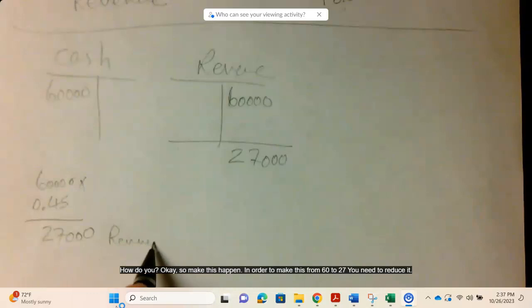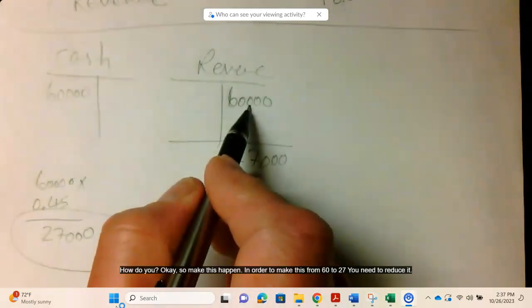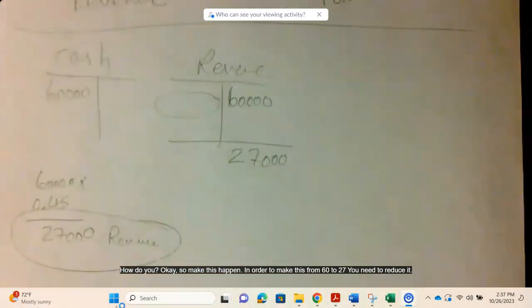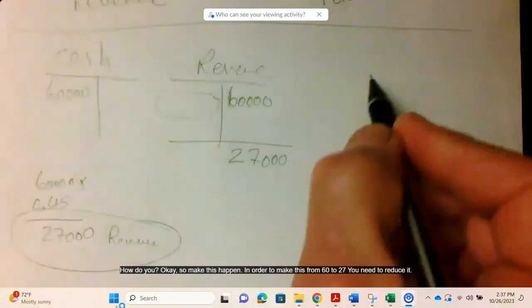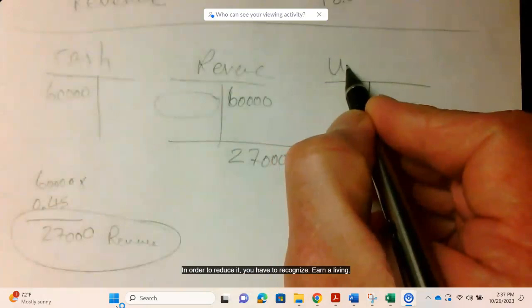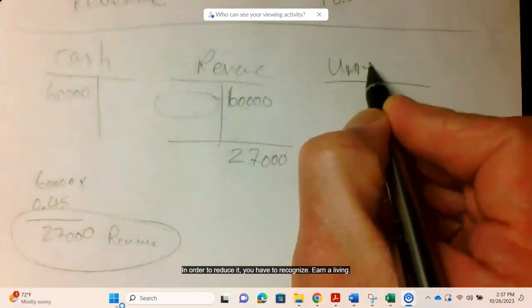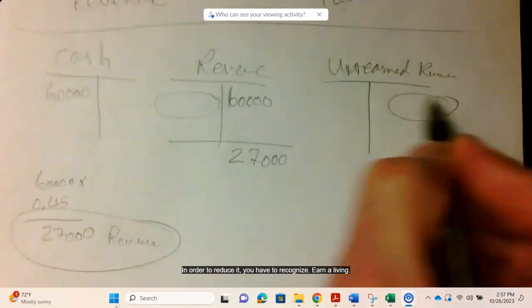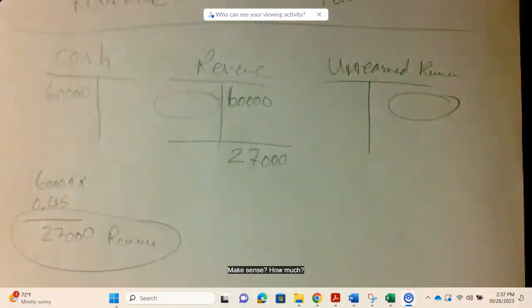How do you make this happen? In order to make this from 60 to 27, you need to reduce it. And in order to reduce it, you have to recognize unearned revenue. Make sense? How much?